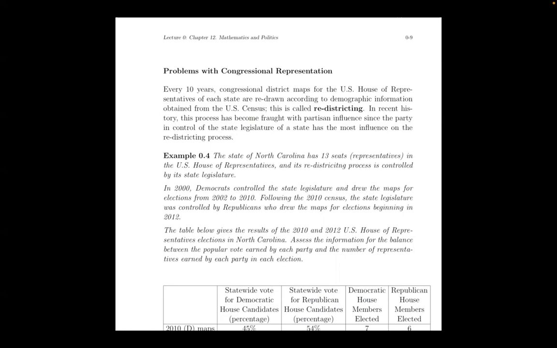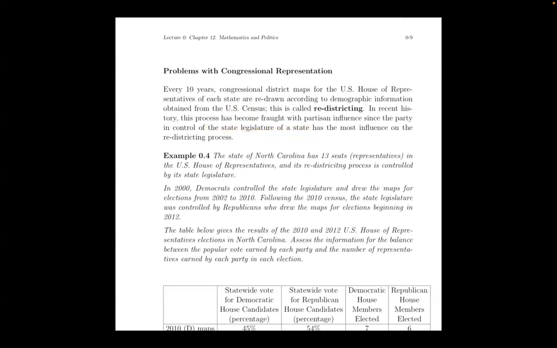So one of the issues is this: the party in control of each state legislature is allowed to pick its districts, right? They have the most influence on the redistricting process, and this is true for pretty much all states in the country. So say if the Democrats are in control of the state legislature of a state, when it comes time to draw this map based on the US Census data, they're able to draw the map in such a way as to favor their party.